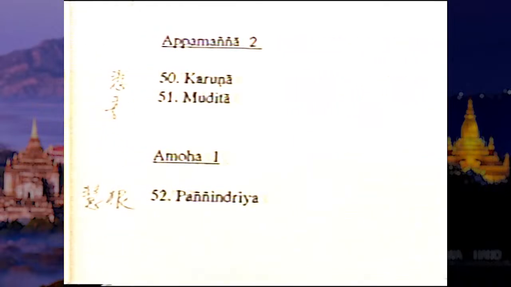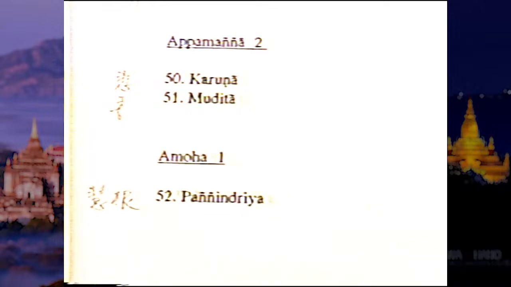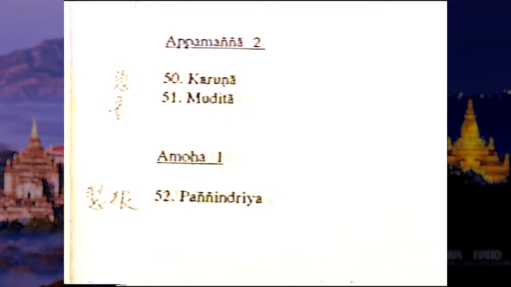So altogether, there are 52 cetasikas, 52 mental factors. And these 52 mental factors arise simultaneously and perish simultaneously with the types of consciousness we have just studied or reviewed.